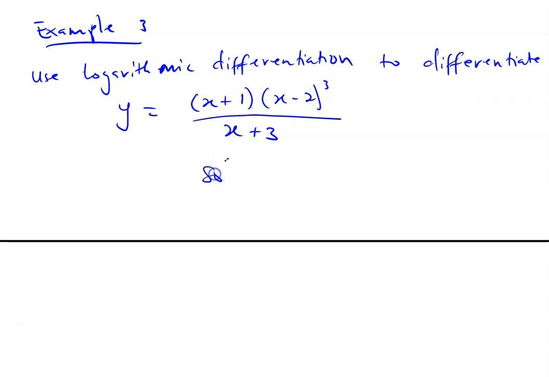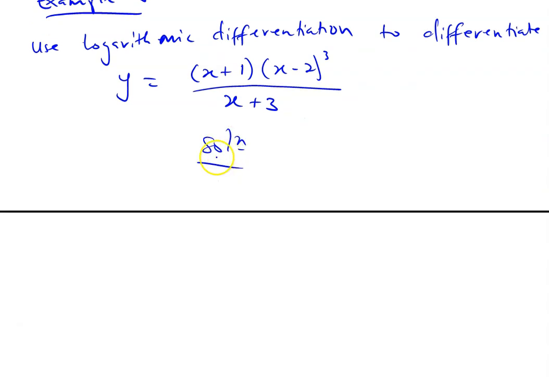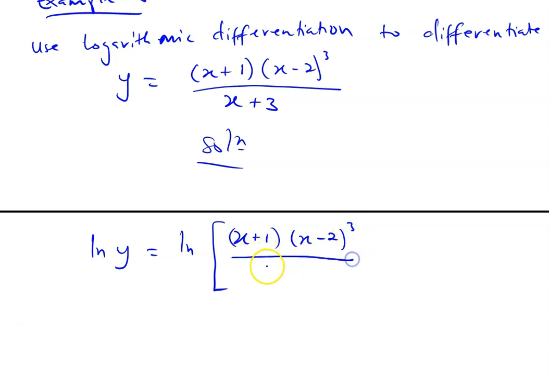So in this case, if you are asked to use the log approach, we find log of both sides. We always use the ln. So ln y should be equal to the ln of the function there, which is (x plus 1)(x minus 2) all cubed, all on x plus 3. Very good.